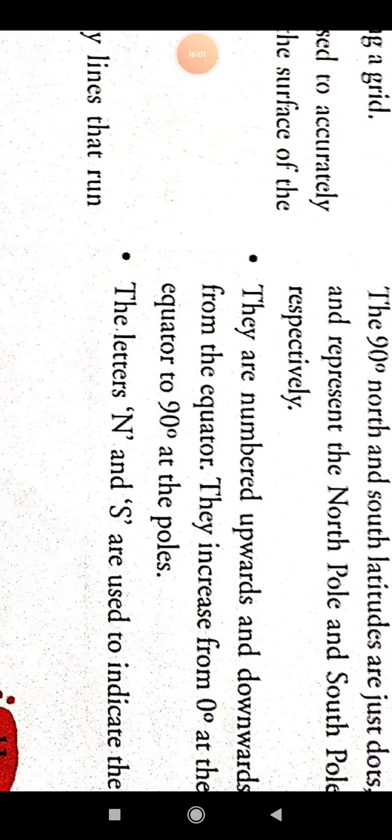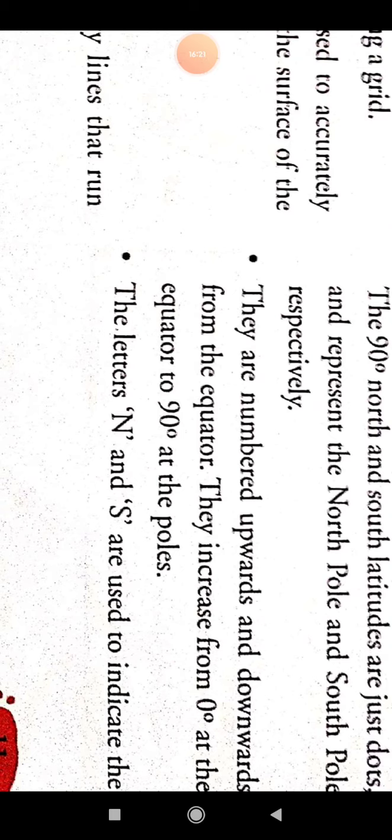And they are numbered upwards and downwards from the equator. They are numbered in degrees, and they increase from 0 at the equator to 90 degrees at the pole.